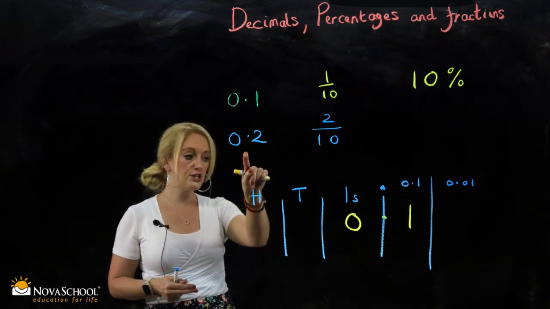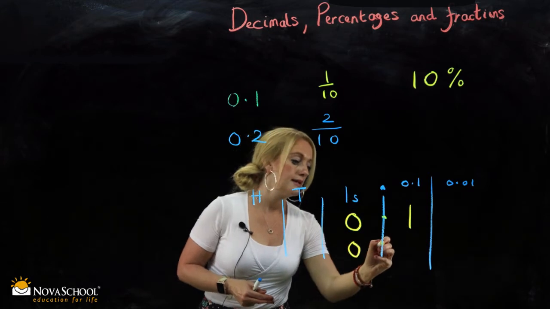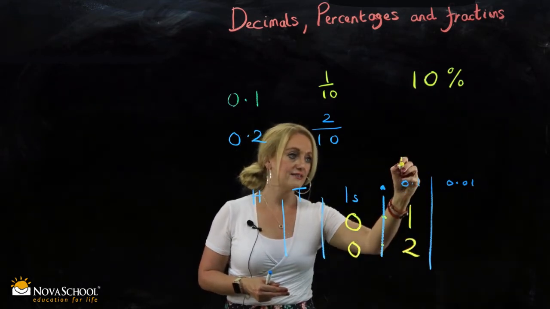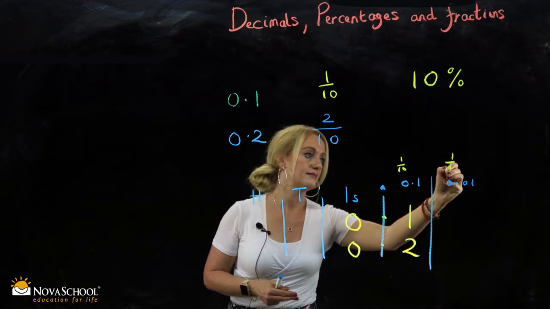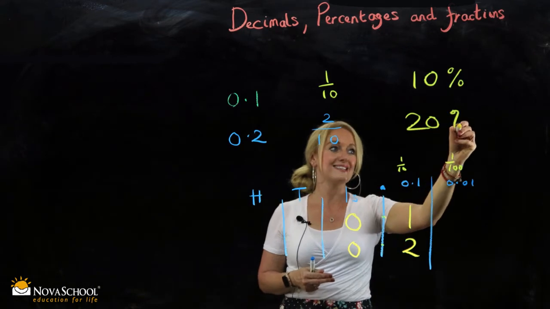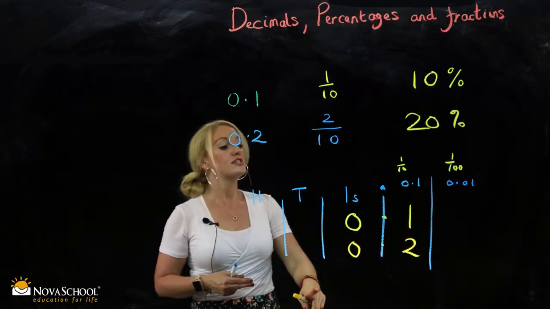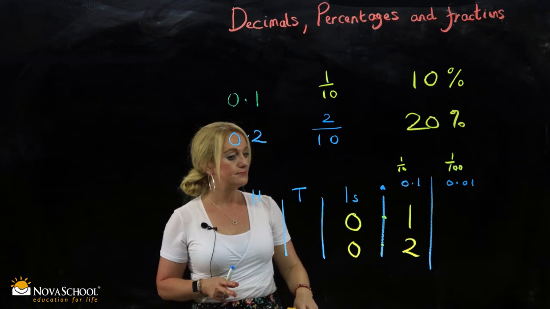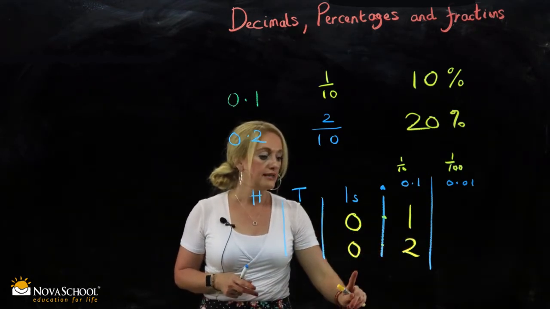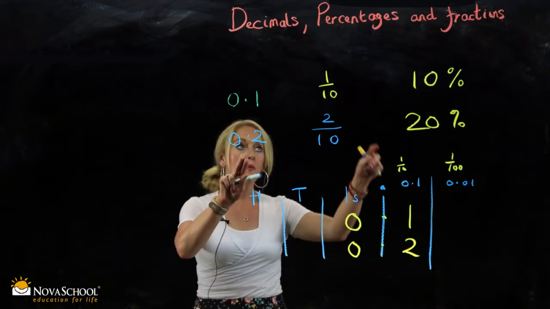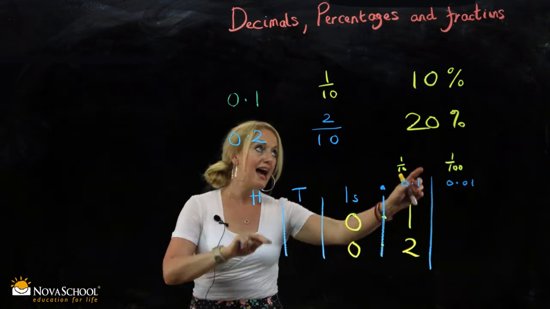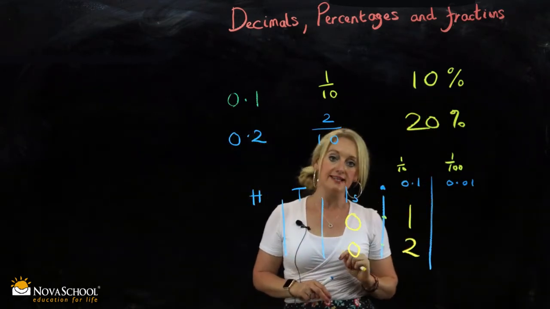So 0.2 is 2/10 and 20%. Okay? So look at our number columns. Our place value chart, 0.1, 0.2 are both 1/10 and 2/10, 10% and 20%.